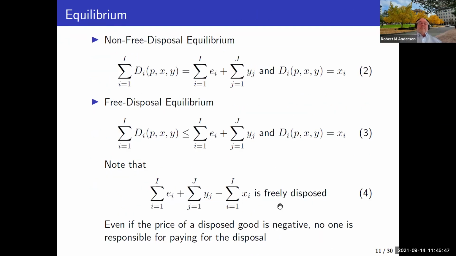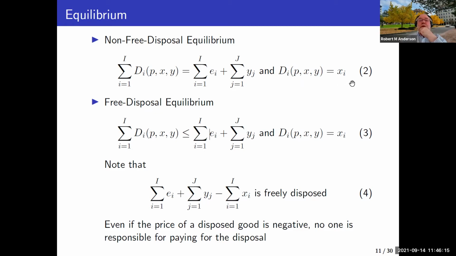Okay, so there are two notions of equilibrium, and the difference is quite important for studying climate change. The first is non-free disposal equilibrium, which says that supply equals demand. Demand is on the left side. This is the sum of the demands of all of the agents, which is exactly equal to the sum of the endowments plus the sum of the production vectors.